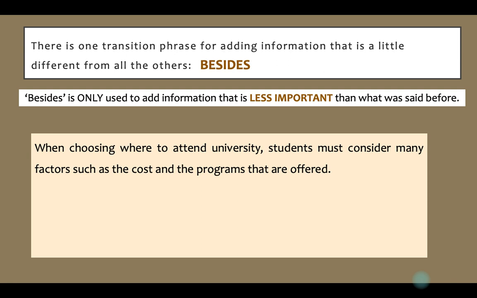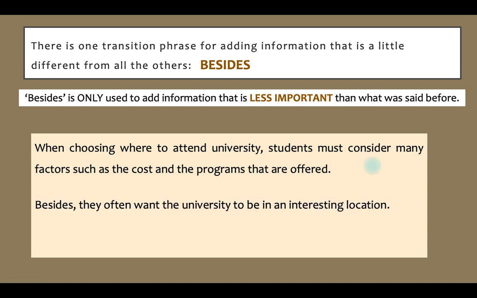When choosing where to attend university, students must consider factors such as the cost and the programs that are offered. So these are two important things that students must think about when they're choosing a university. Besides, they often want the university to be in an interesting location.